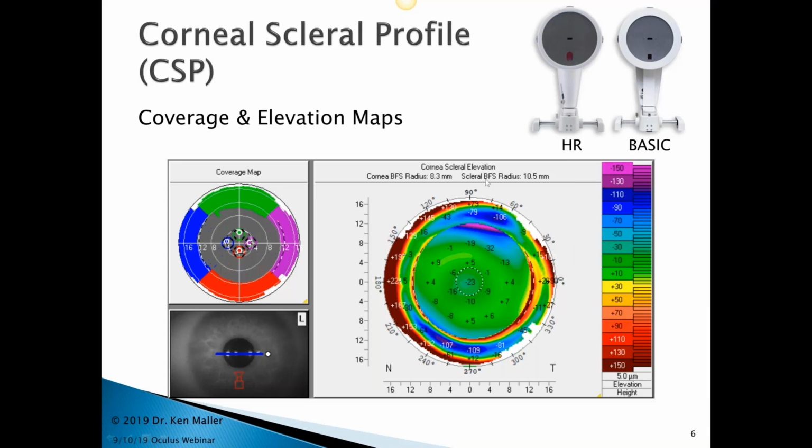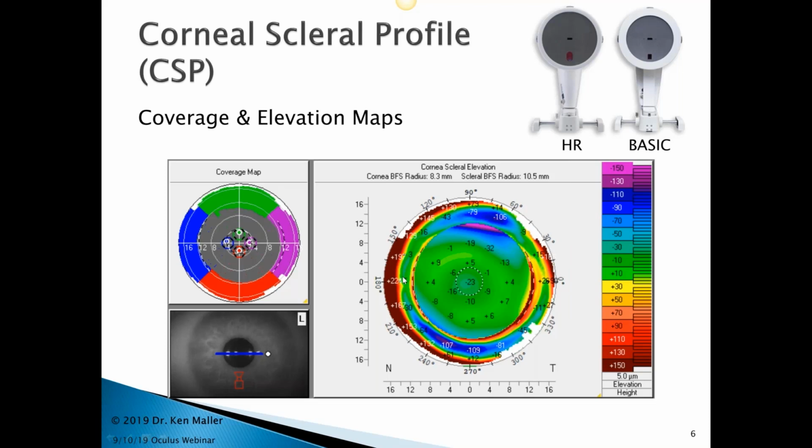And then for the sclera, we now have a radius of 10.5, of course, which is considerably flatter, so that we can then display the elevation differences in this outer ring up over here. The scale of the colors is represented up over here, so you can get a sense of how elevated or depressed any particular areas might be.